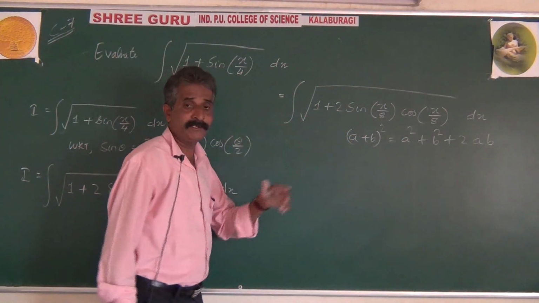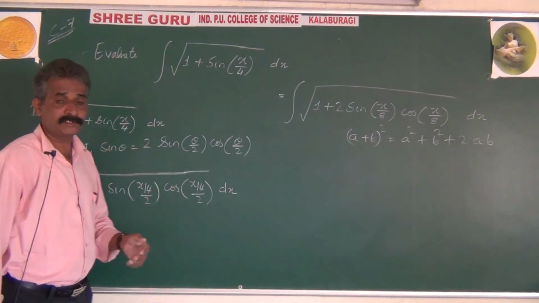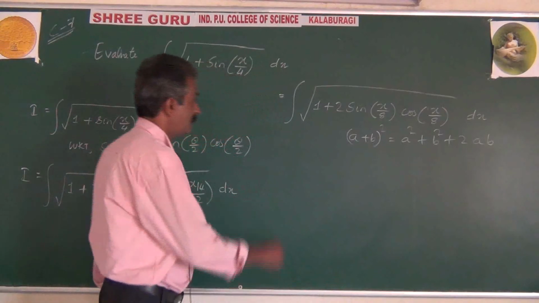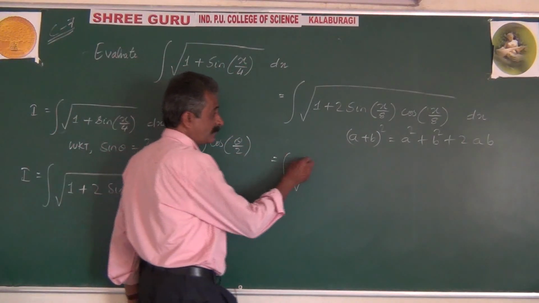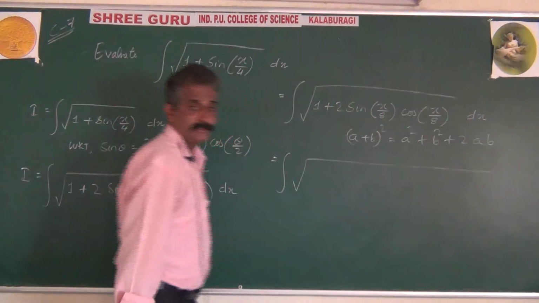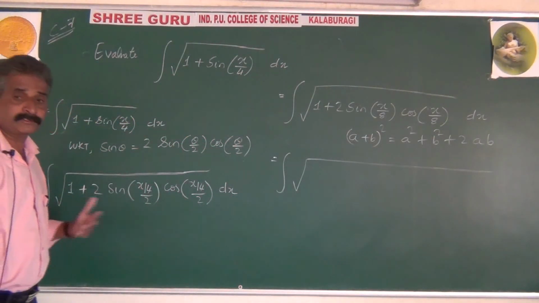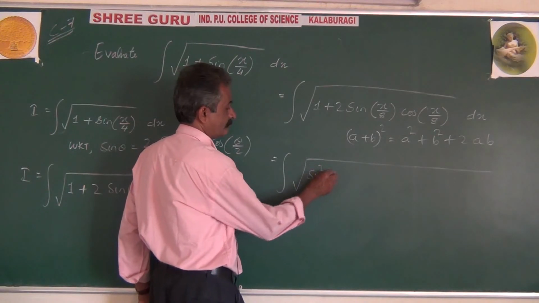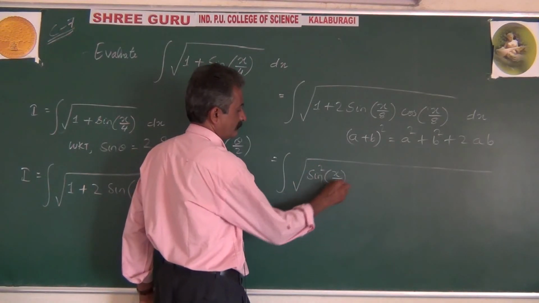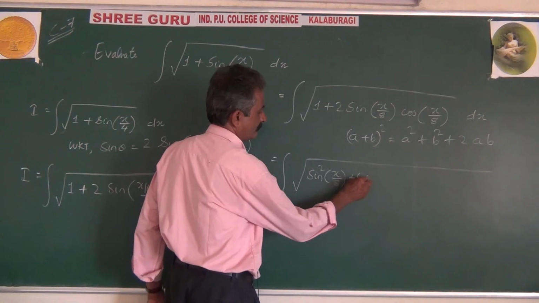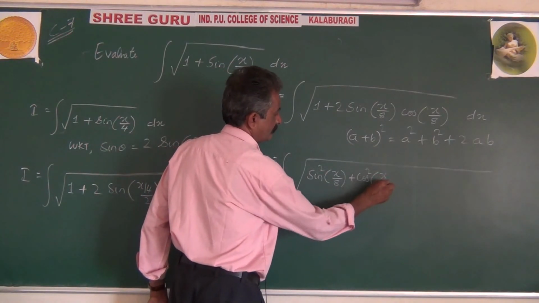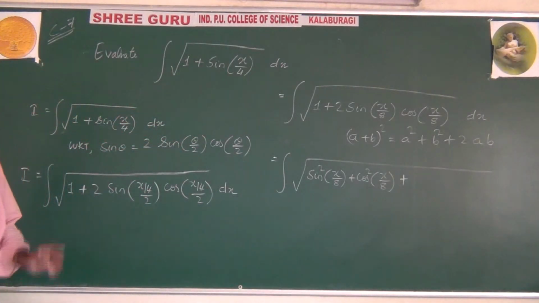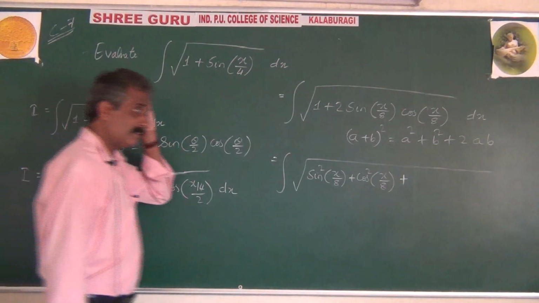However, 1 means sin square angle plus cos square angle. Here the present angle is x by 8. So let's write 1 as sin square x by 8 plus cos square x by 8. You know this step very properly.